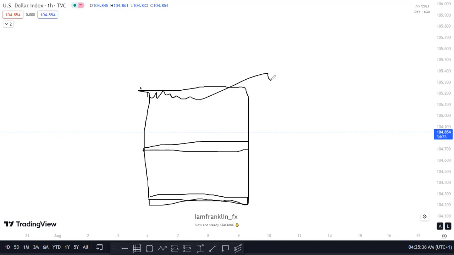Let's say there's a ball here, and the ball is bouncing. You know that when it bounces on the ground, which is the support, it's going to go up. And when it goes up and reaches the resistance, which is the ceiling, it's going to go down again, right? So what if it bounces on the support and then it breaks the resistance?